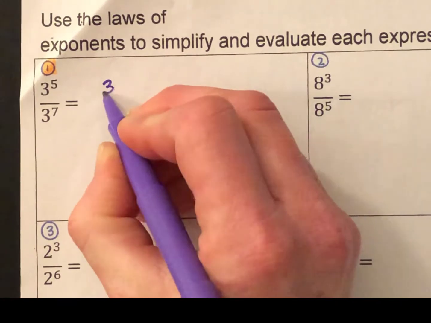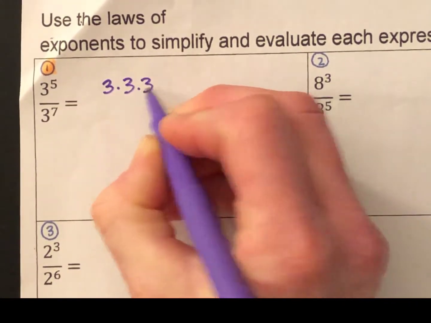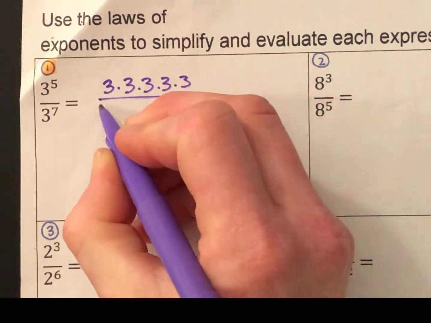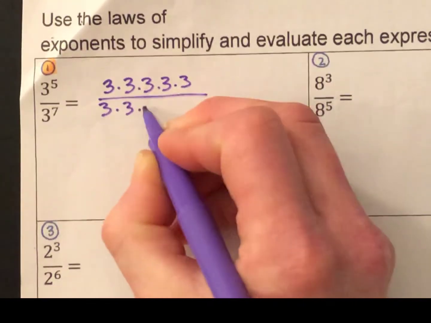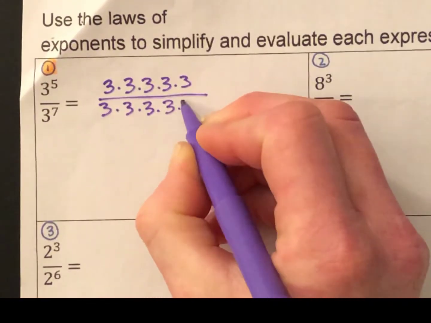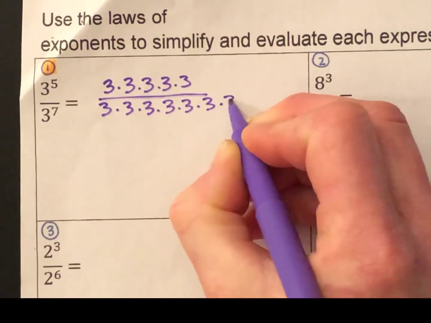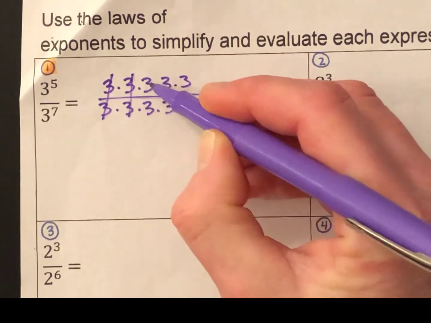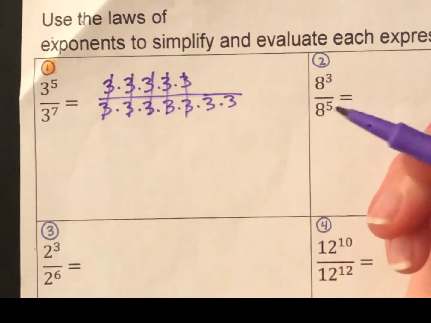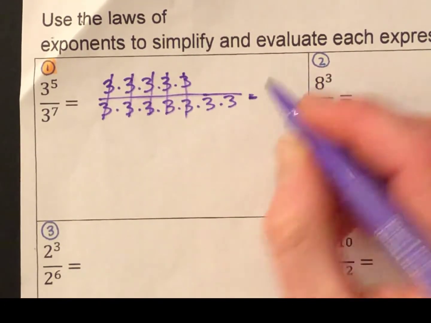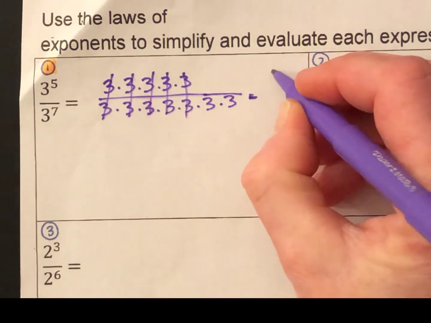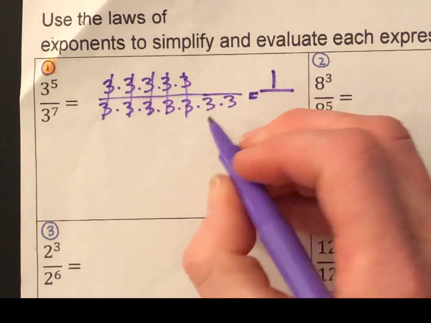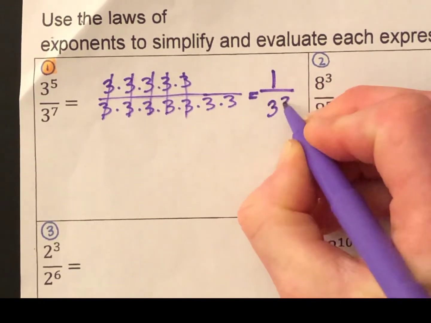That would be 5 threes over 7 threes. When I cancel out my likes, I end up with 1 on top, because there aren't any 3's left, and 3 squared on the bottom.